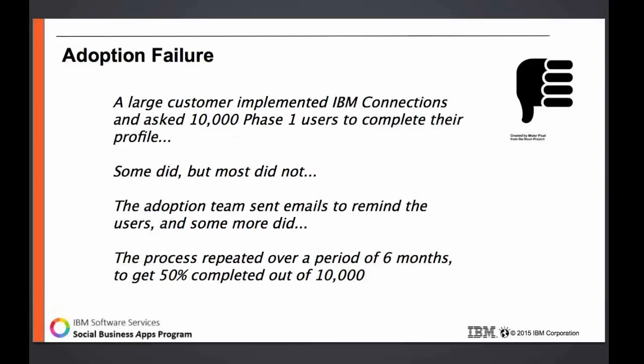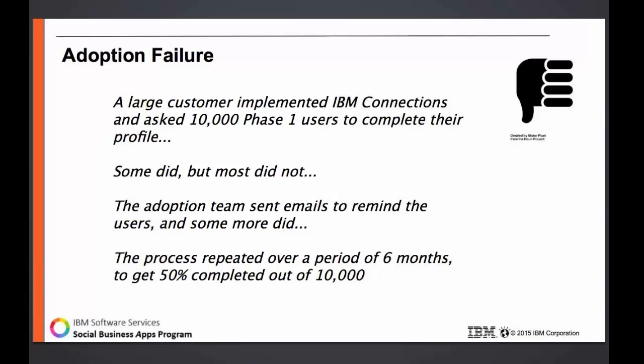First, let's talk about a scenario that I see quite often. The IBM Connections environment might be configured and the customer deployment team is ready for users to start collaborating within it. And one of the first steps is to ask users to complete their social profile, providing key details about themselves that might not be represented in the corporate white pages.